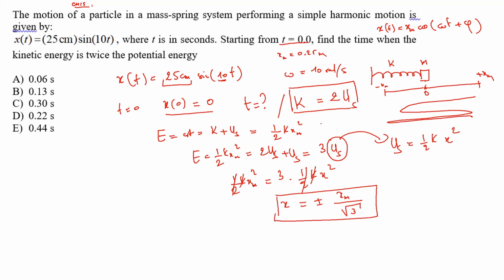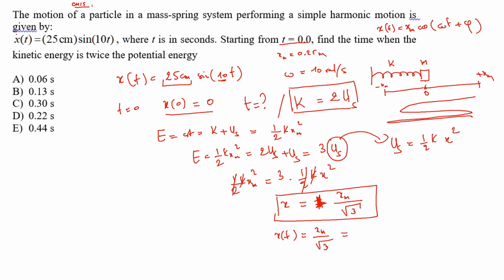So at the position where kinetic energy is twice potential energy, the displacement is x max divided by square root of 3. Let me take the positive value. Good. Now I will say that x at this given time is equal to x max divided by square root of 3.